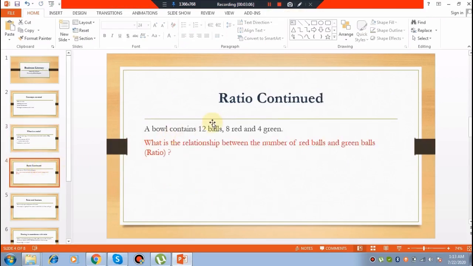We just want to see exactly how we read a ratio. Let's say we've got a bowl that contains 12 balls. 8 are red and 4 are green. What is the relationship between the number of red balls and green balls?